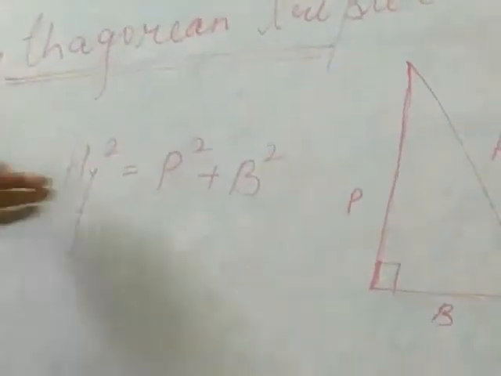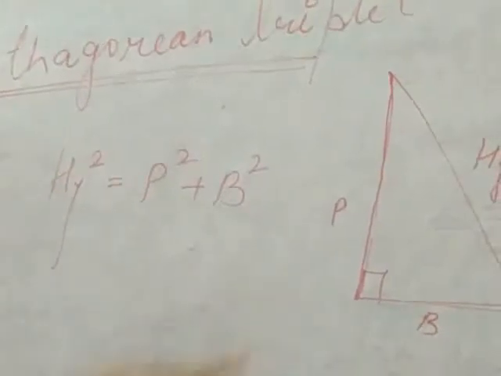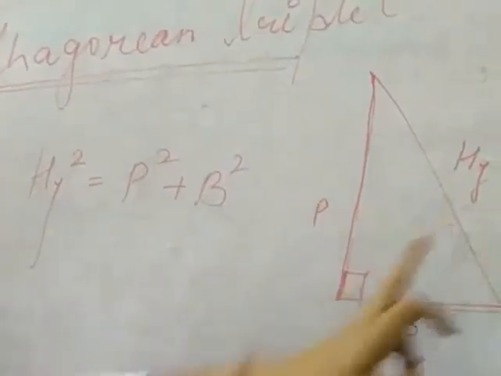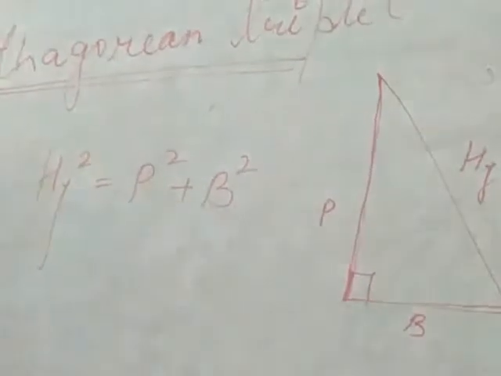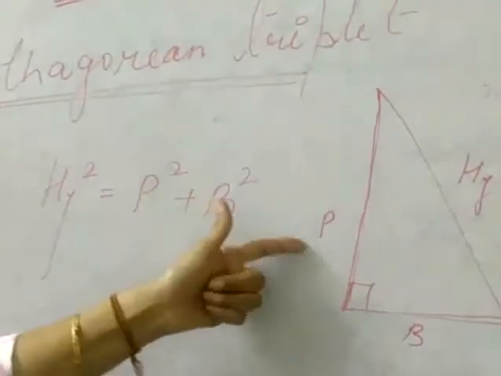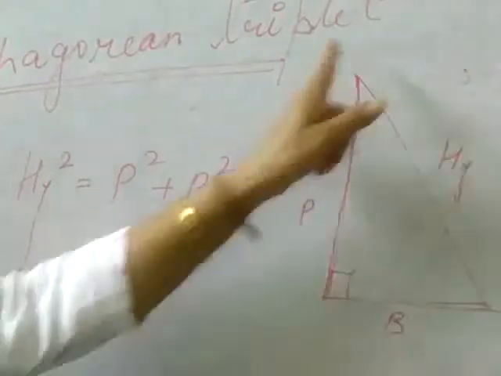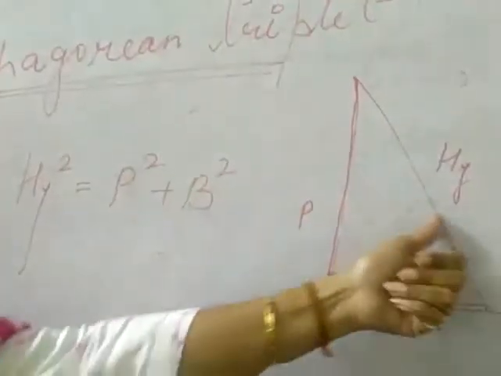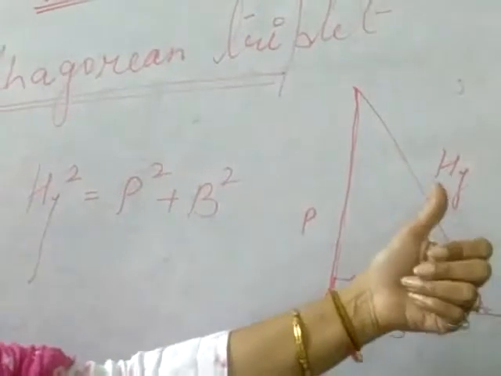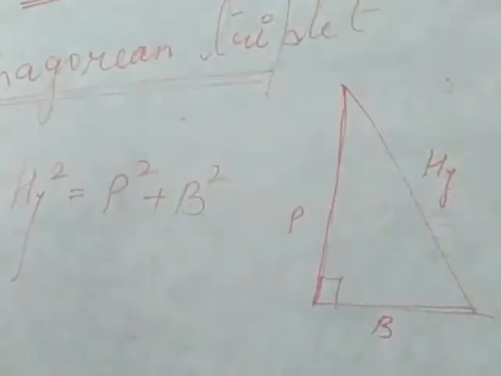And using this Pythagoras theorem, when we knew any two quantities out of these three, we were able to find the third one. Suppose the perpendicular and base were given, then you were able to calculate the hypotenuse, the side opposite to 90 degrees, the longest side of the right angle triangle.